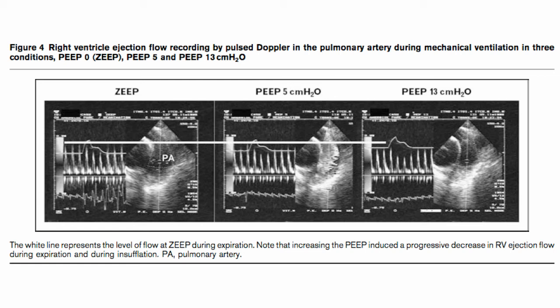The solid white line is showing where the tips of that Doppler trace in the first picture are. So you can see as you increase the PEEP, even without the ventilation, the Doppler velocity is decreased, particularly in the third one with the PEEP of 13. And then when you apply the mechanical inspiration on top of that, there's greatly reduced right ventricular outflow into the pulmonary artery.